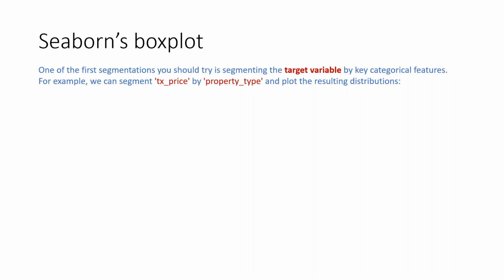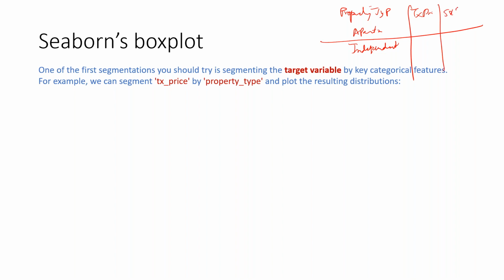I want to see something like this. My property type on the top, and my apartment here, and my independent house here. Then I want to see transaction price, square feet, number of schools, all that.